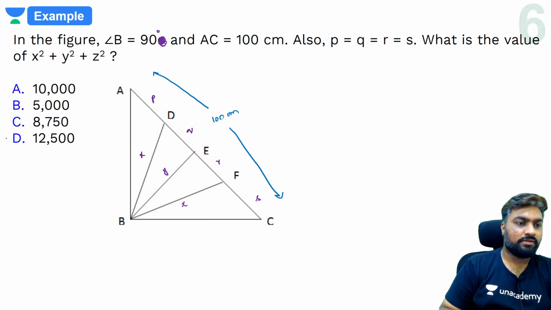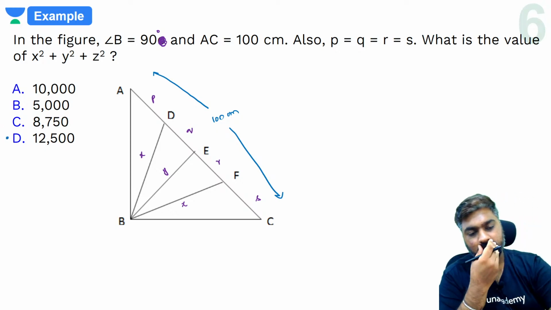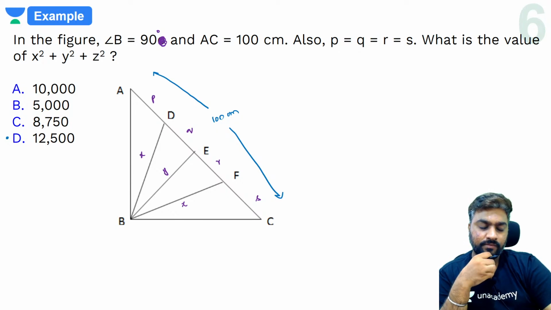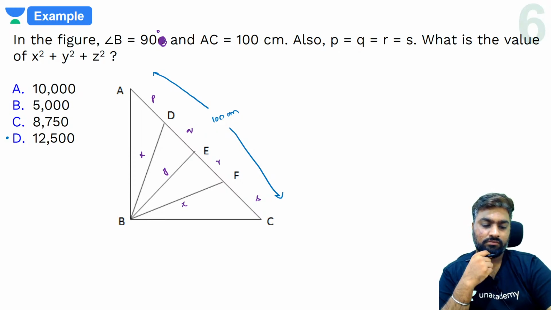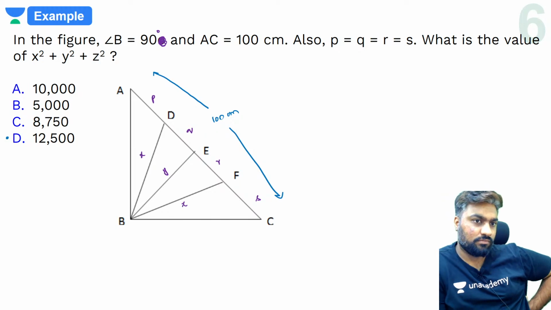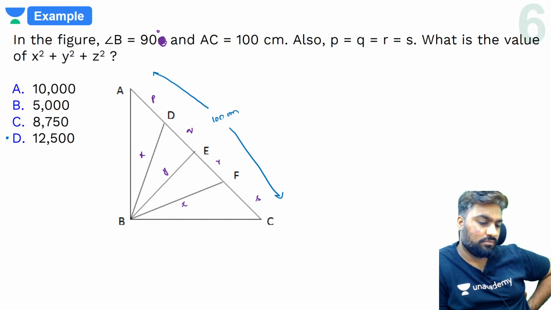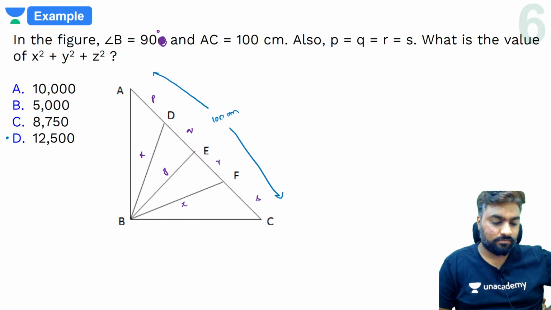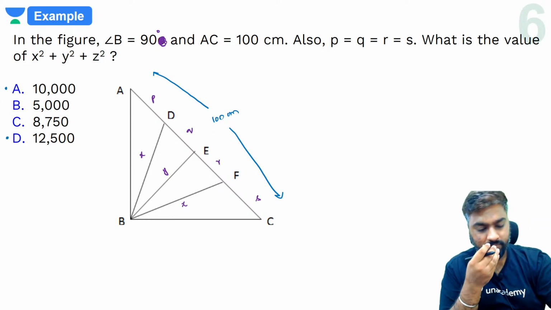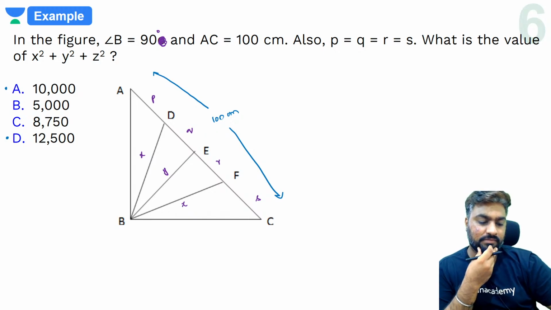Sneha says D, 12,500. Okay. Others? Janvi says A, 10,000. ठीक है. How about others? Anyone?